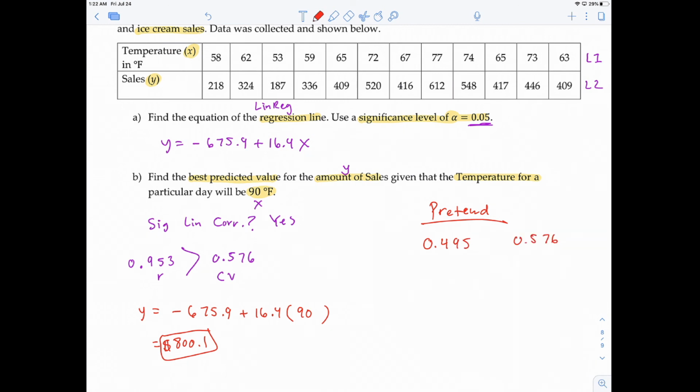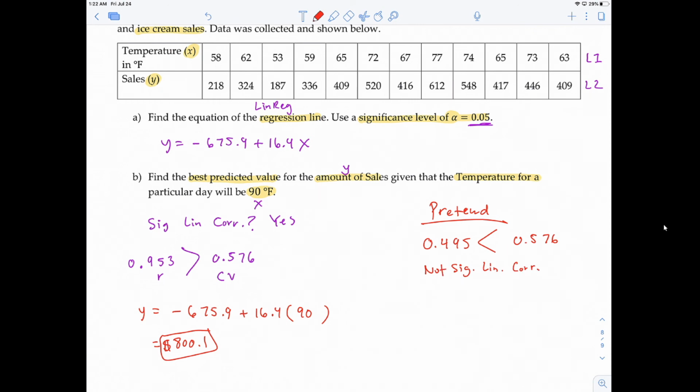So in that case, R is less than the critical value, which means that there's no significant linear correlation.